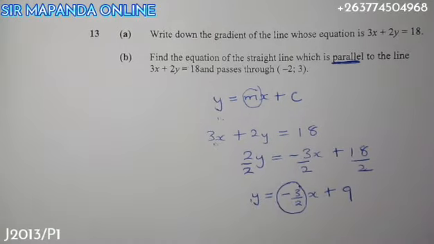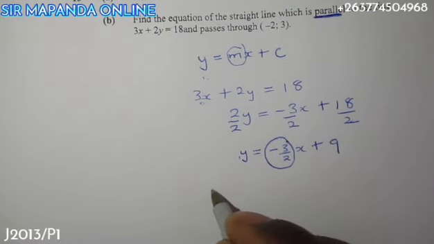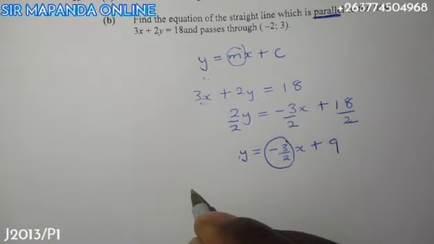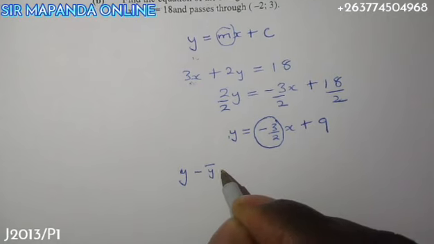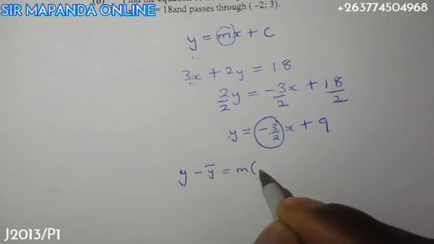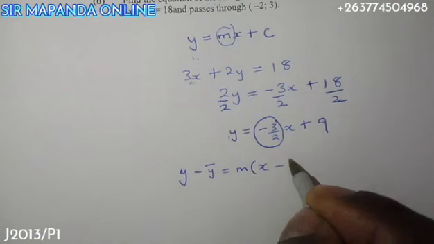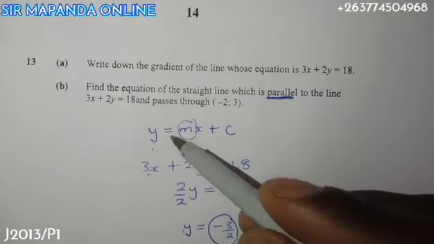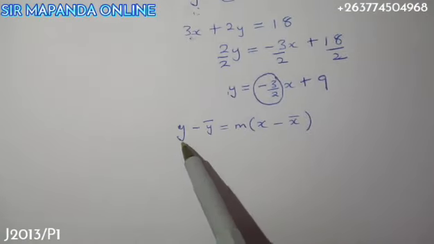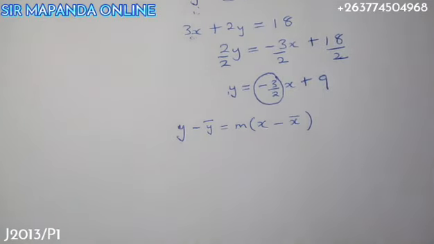Right. So what you do is you write, there is another form of line that you can make use of. y minus ȳ is equal to m, open bracket, x minus x̄. So you can either use y is equal to mx plus c, or you can make use of y minus ȳ is equal to m(x minus x̄).